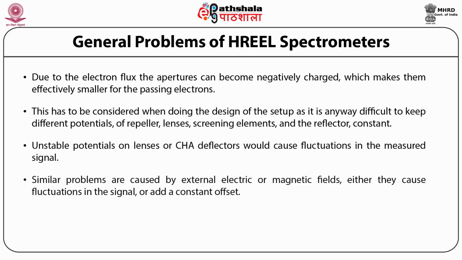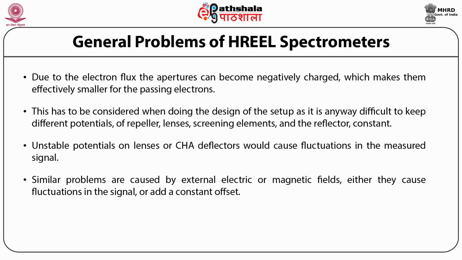Similar problems are caused by external electrical or magnetic fields, in the form of a kind of noise which is recorded in the spectrometer. Either they cause fluctuation in the signal or add a constant offset.